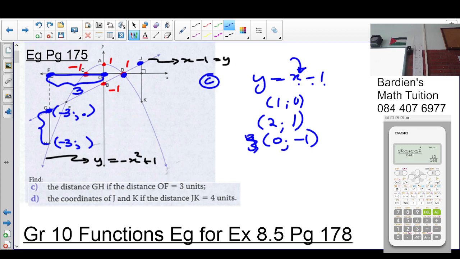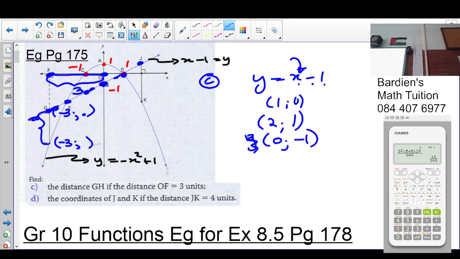Negative 1, which is also a point on that graph. If I make x equal to minus 1, then I get minus 2. If I put minus 3 in, I will get that point there, and so on. So you put the x into the equation, we will get the y out. And if you put the y into the equation, we will get the x out. You understand now?